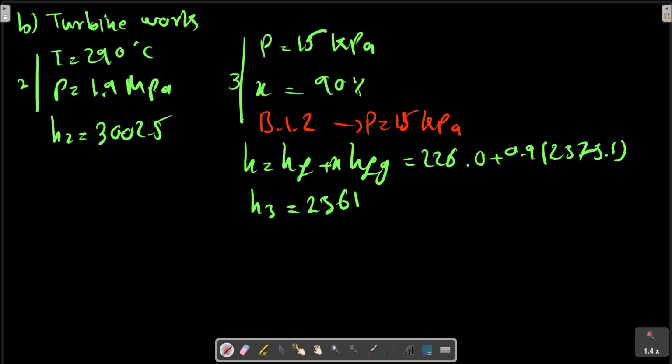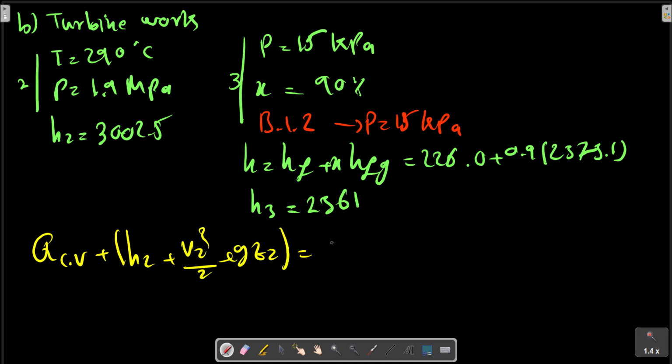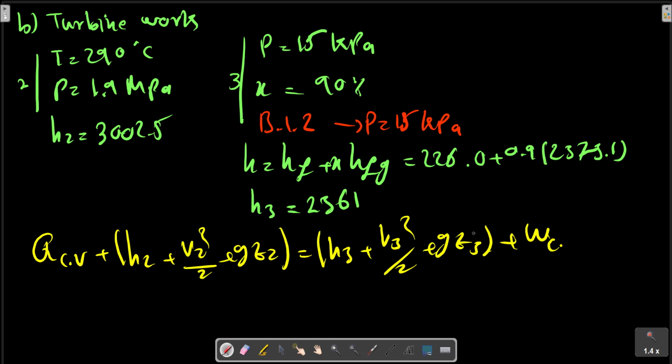For the turbine, we can write the equation from H2 for the unit mass. For the control volume, the turbine gives us Q equals 0, and the difference between velocities is negligible, and W is calculated as H2 minus H3.